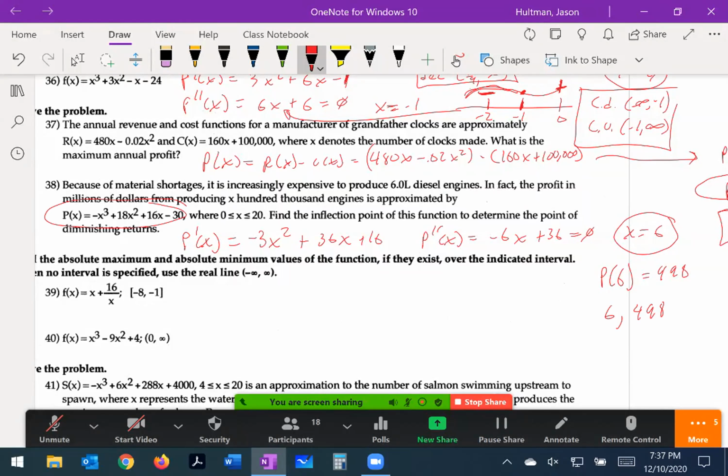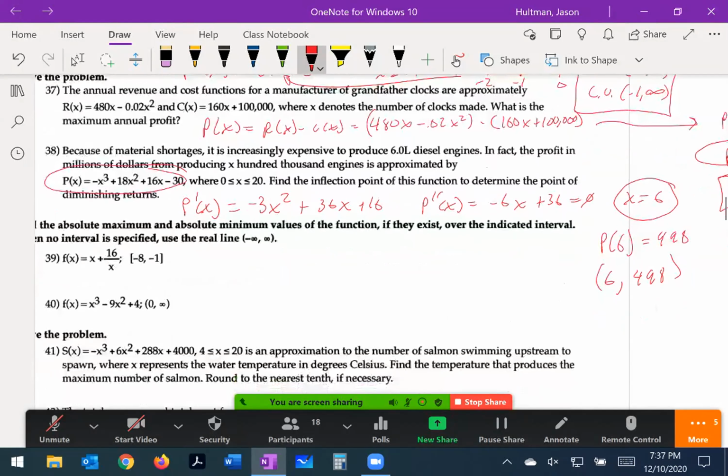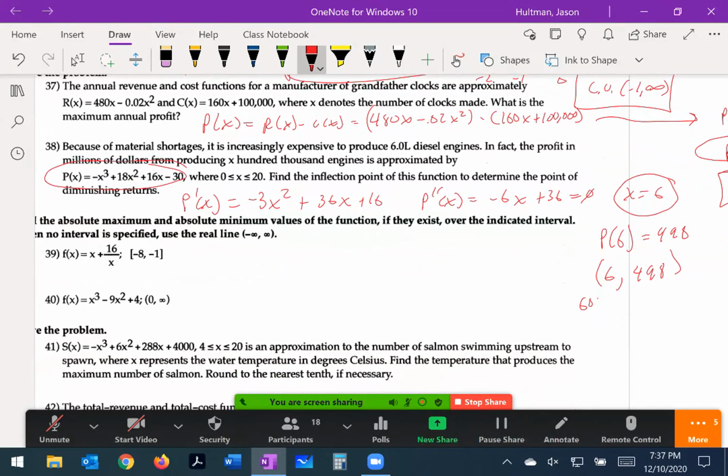Profit in millions from producing X 100,000 engines. Okay, so this is 498, which really means 600,000 engines will produce a profit of 498 million, right?